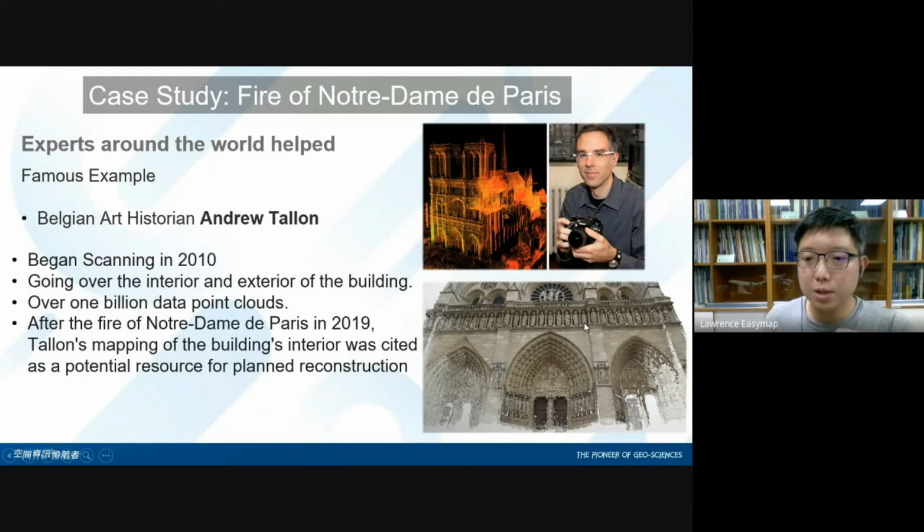As I talked about, LiDAR scanning can provide very accurate detail for all the measurements, all the parameters, all the surface structures, and it can be shown very clearly. It created over 1 billion data point clouds, which means a lot of data for reference. After the fire in 2019, his mapping became one of the most important references for the reconstruction of the cathedral.